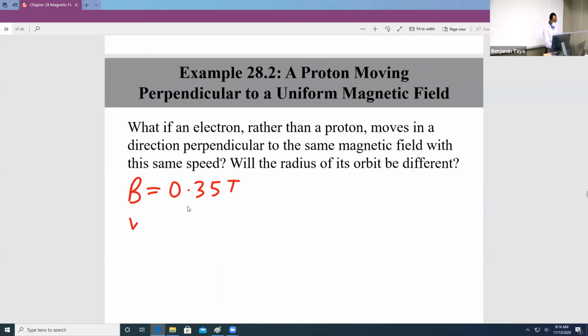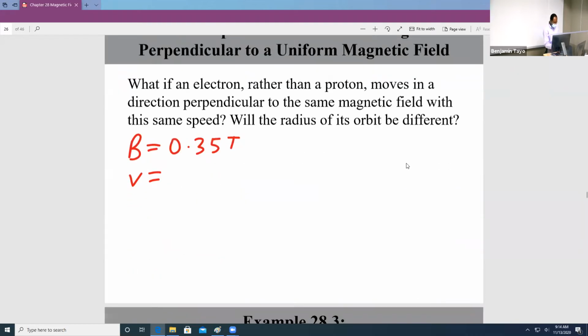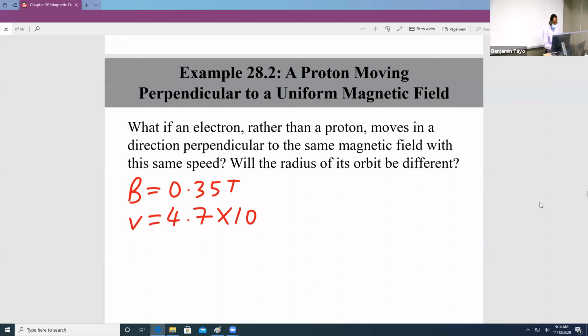So again, you can say that the speed right here is 4.7 times 10 raised to the power of 6 meters per second. And so I want to calculate the radius. So if you calculate the radius, you just use this equation here.